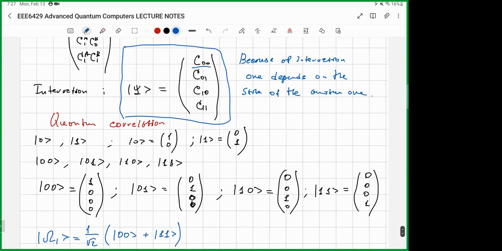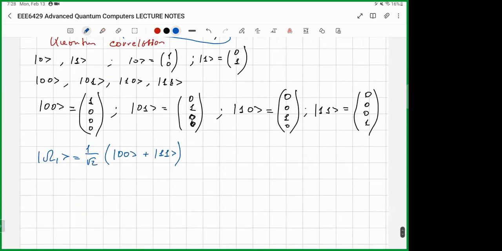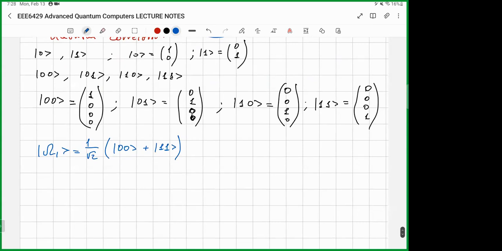So I just assume that in my general system I can get rid of these two coefficients, and I am only left with the vectors where C00 and C11 are not equal to 0. In this case, they are equal to 1 over square root of 2. So this is the so-called Bell state.